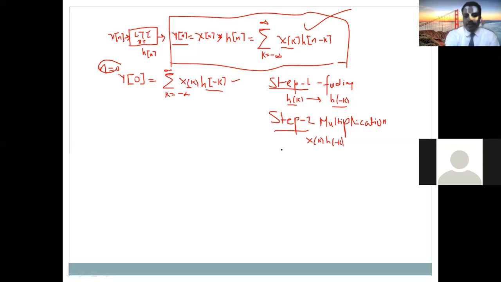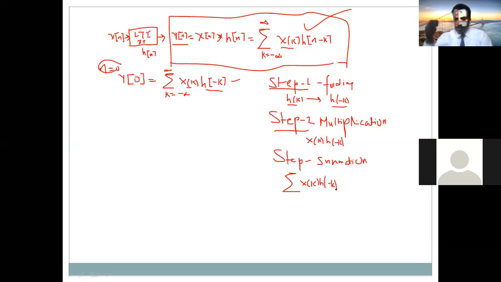What is step 3? Step 3 is summation. After multiplication we take the summation of x of k times h of minus k. These steps you can apply to determine the convolution sum.